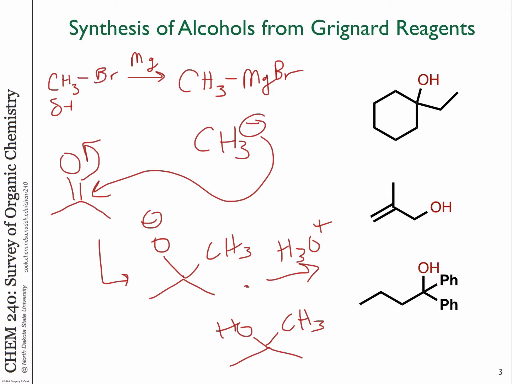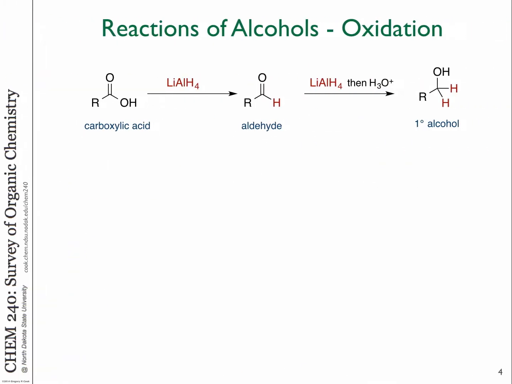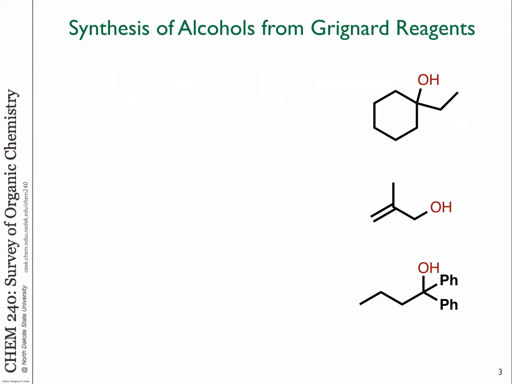Okay, so given that reaction, what are our starting materials to make that first alcohol on the top right? What would you start with? Yeah, CH2CH3MgBr. So think about the alcohol bond, that used to be a double bond, okay?